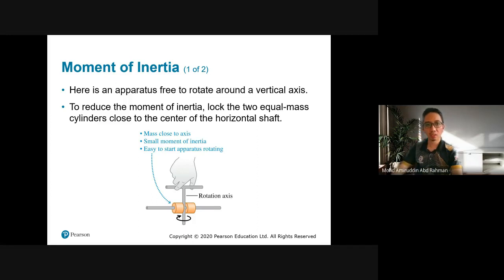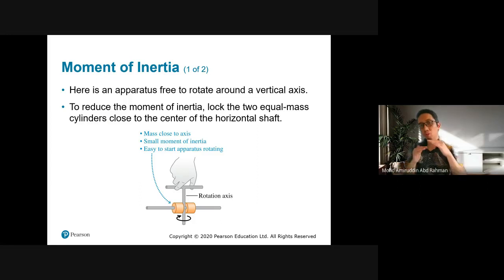So over here, meaning that moment of inertia. Inertia is something that we have just before we start the velocity.